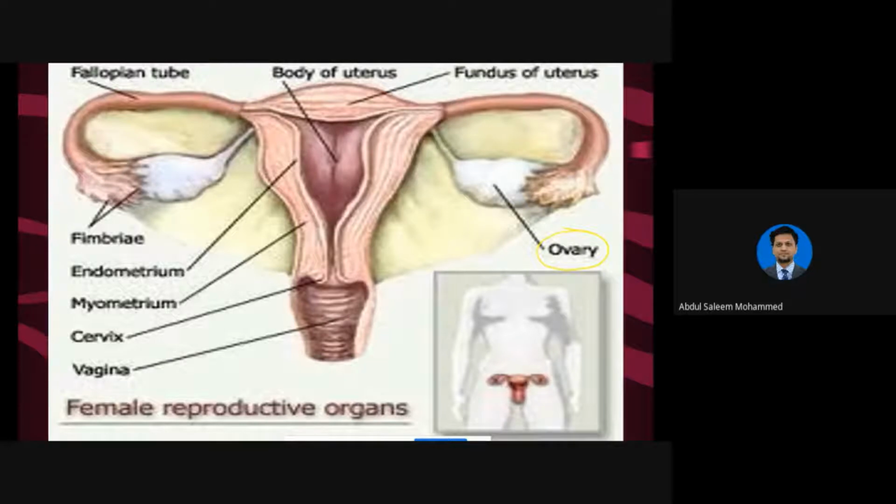So you can say that ovaries are oval shaped, almond like. They are just the shape of an almond, right? And these ovaries are attached to the walls of the abdomen and also to the uterus. So to the uterine walls and also to the walls of the abdomen, these ovaries are attached with the help of a connective tissue.